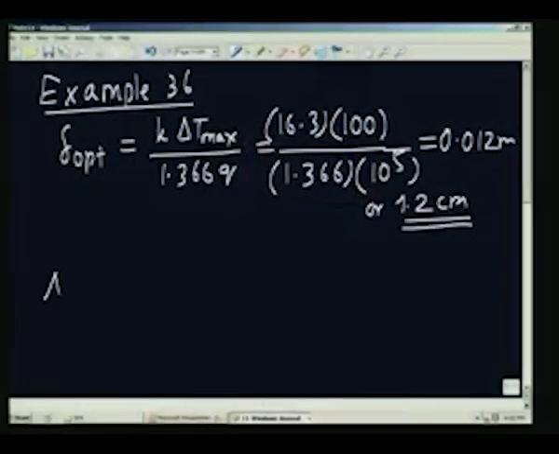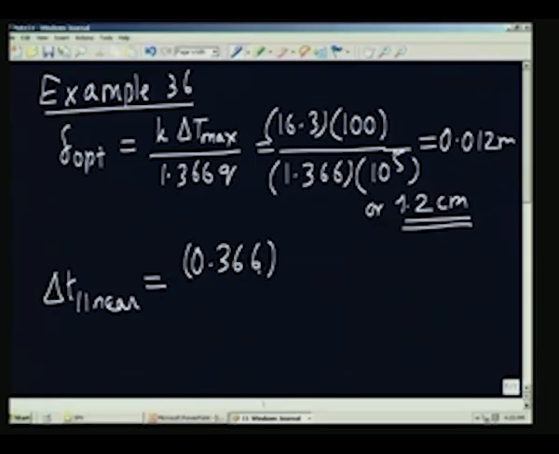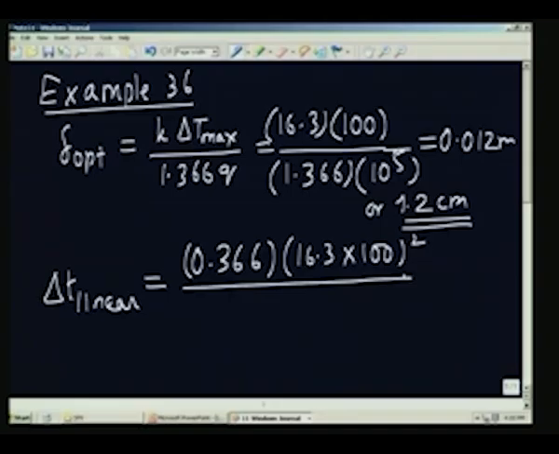So, we can also calculate the delta T linear. So, 0.366 multiplied by the K T whole squared. K is nothing but 16.3 into 100 whole squared divided by alpha Q squared.